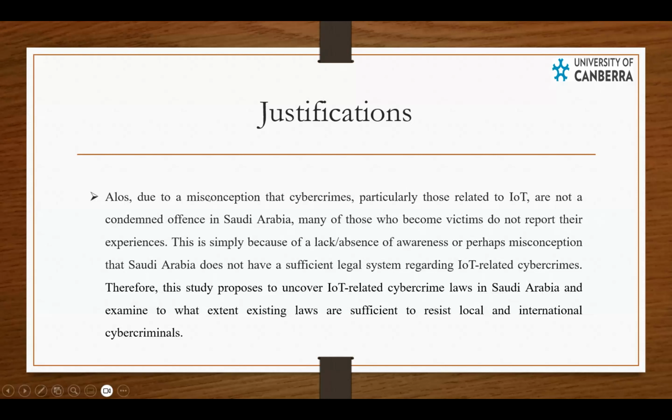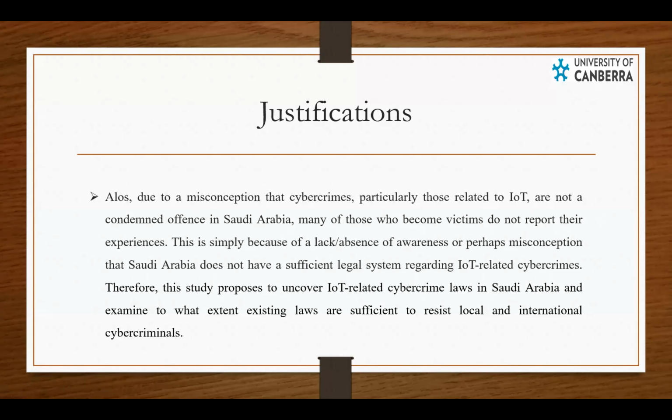Also, due to the misconception that cybercrimes, particularly those related to IoT, are not condemned offenses in Saudi Arabia, many of those who became victims do not report their experiences to the government or to the agency. This is simply because of lack or absence of awareness, or perhaps misconceptions that Saudi Arabia doesn't have sufficient legal systems regarding IoT-related cybercrimes.